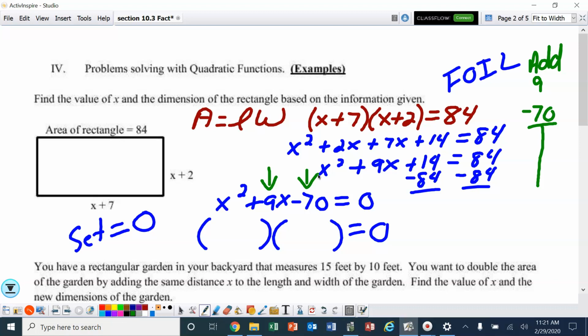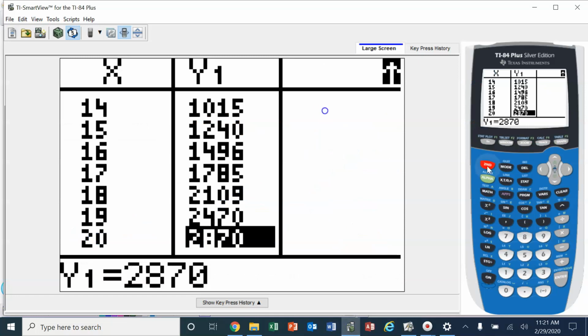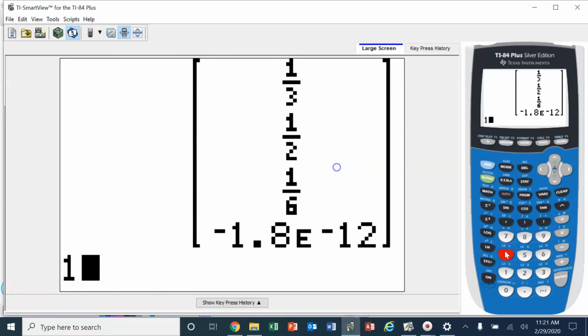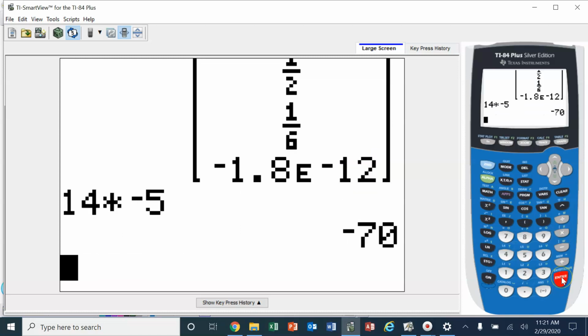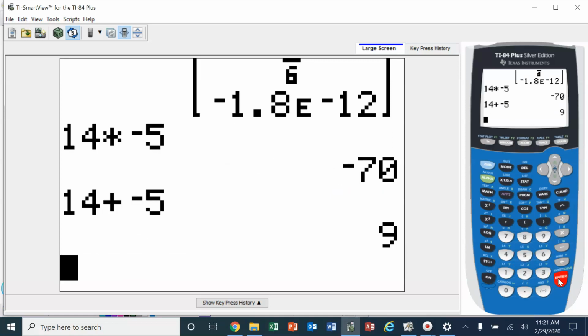What we end up with is, I think, 14 and negative 5. Let me double check that. So let's see. 14 times negative 5 is negative 70. 14 plus negative 5 is 9. So yes, I am correct.